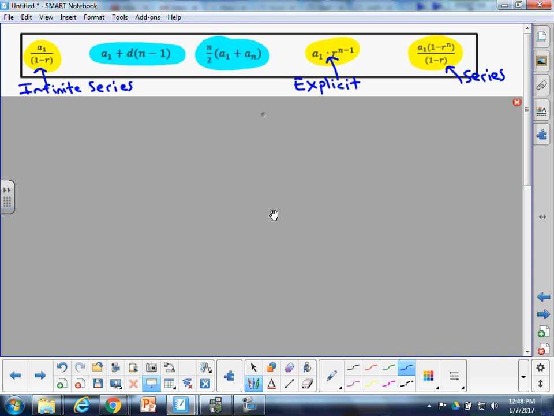It has n terms. And then for arithmetic, this one right here will get you the explicit formula, which will again find any given term. And the other one gives us the sum of a bunch of terms, or a series formula. Okay, so we'll see them in action.